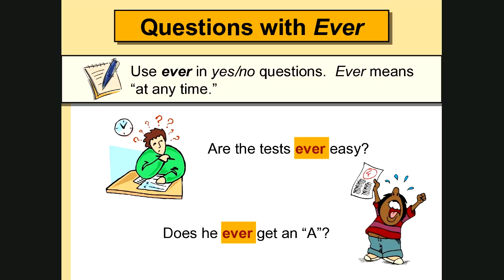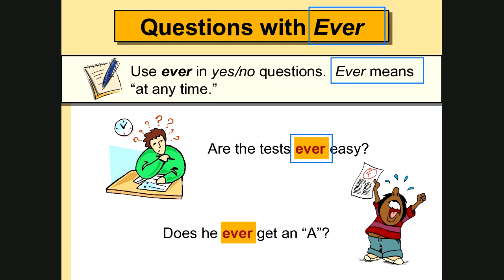We have another one, which is ever. Ever is mainly for yes/no questions. And you can use it at any time, not only present, but also past, present perfect, etc. Are the tests ever iffy? When you have this, ever means at any time.